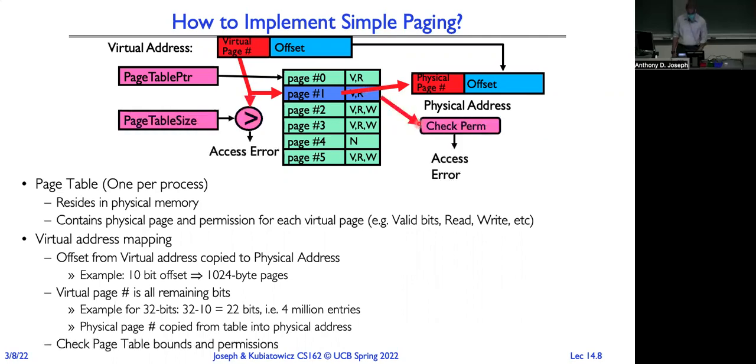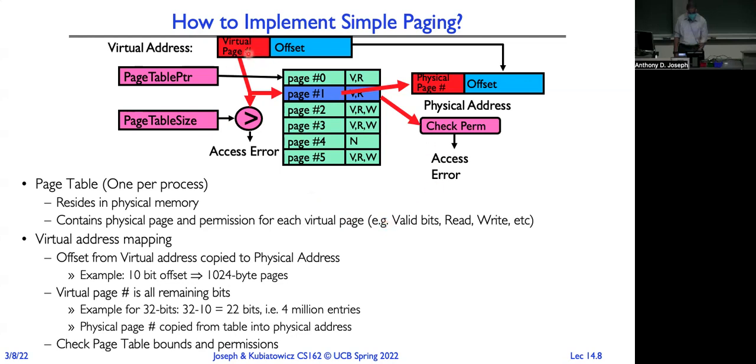Okay, so we check the permission bits. If they don't match, like you're trying to write to this page, that would generate a fault. Or if the page is invalid, or if you've run off the end of the page table. So we also have to look at the virtual page number versus the page table size. So 2 registers that we're going to store in the processor, the page table pointer and the page table size.